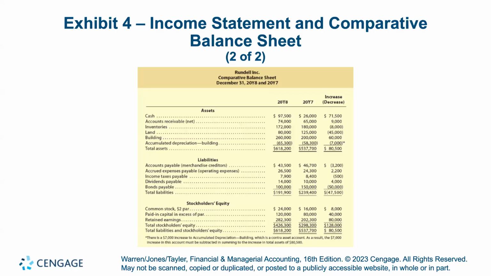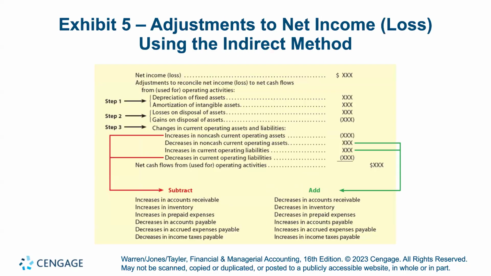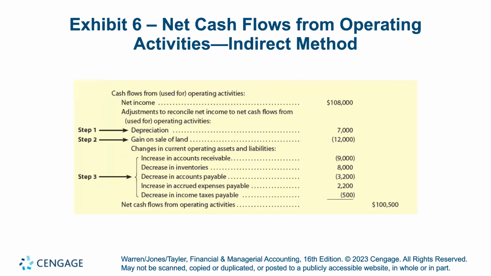Income, let's see. I can write all these out. I think you're getting the picture at this point. So then at the end, this is what our statement of cash flows looks like. The net income, we're going to add the depreciation back in, subtract the gain on the land, and then make all of our adjustments.